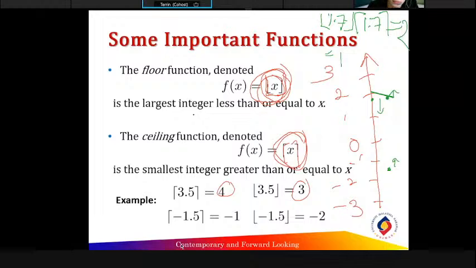And the floor function says you're going to sink to the next integer, and then the next integer is minus 2. That is why negative 1.5 has the ceiling as minus 1 and the floor as minus 2. This is the easiest way to explain it, and you shouldn't be confused anymore with the ceiling and floor function.